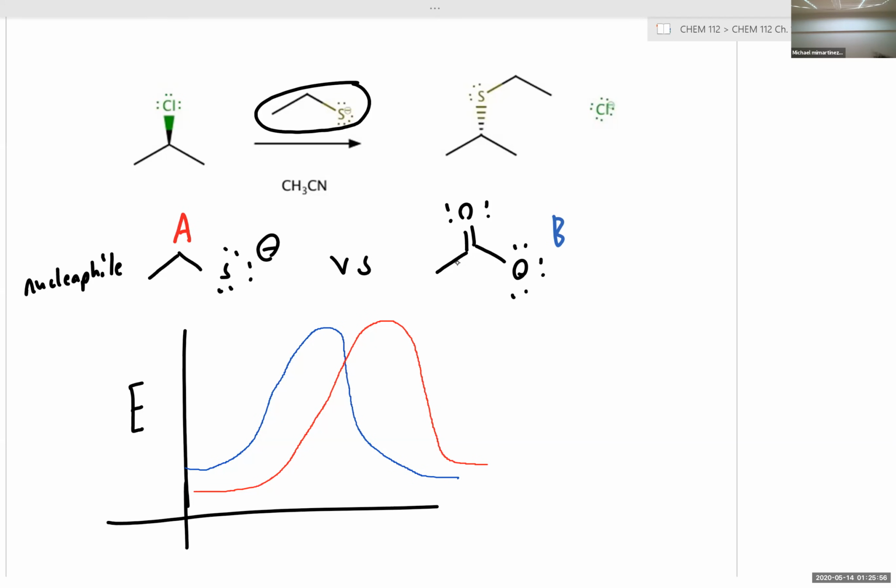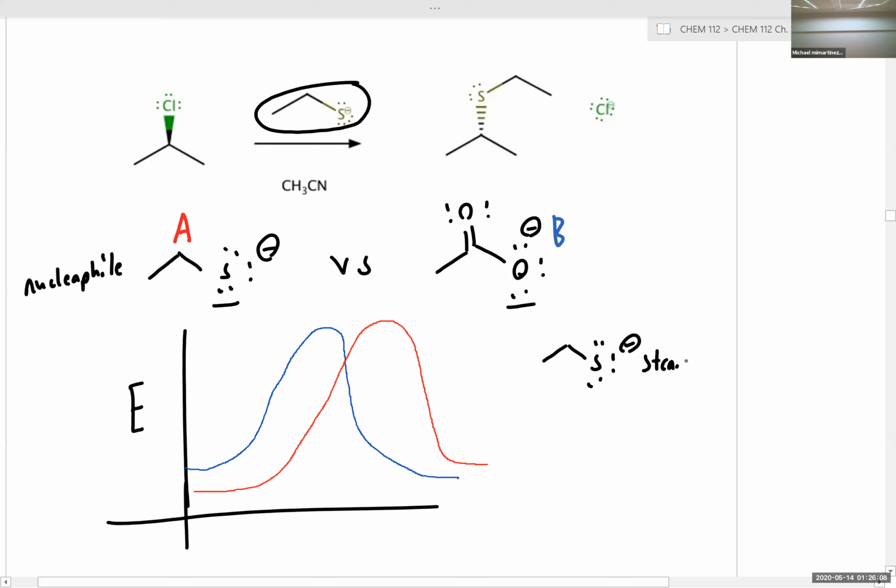Ethane thiol, right? We're comparing a localized sulfur-based nucleophile to a delocalized oxygen-based nucleophile. So we know that ethane thiol is a stronger nucleophile, and ergo, is it higher or lower in energy? If ethane thiol is a stronger nucleophile, is it going to be higher or lower in energy? Higher, yep.